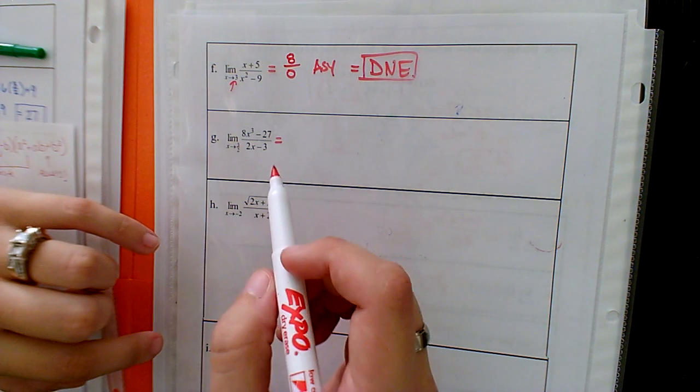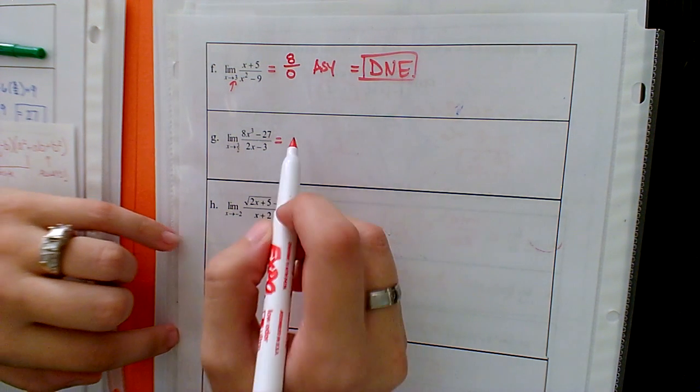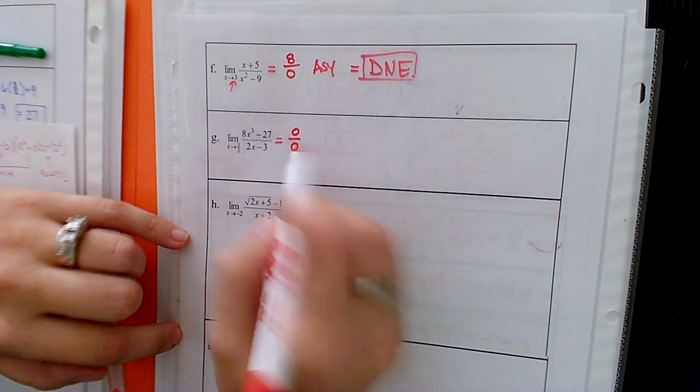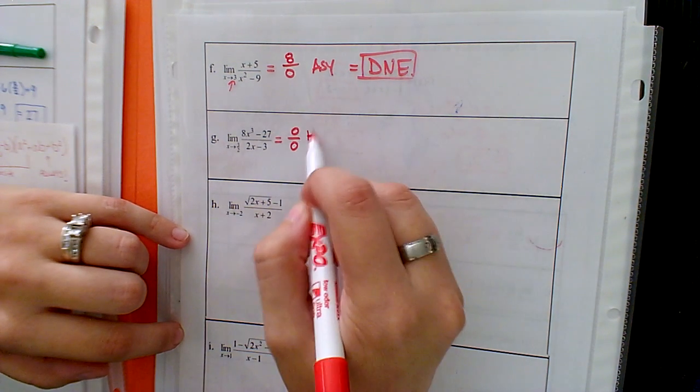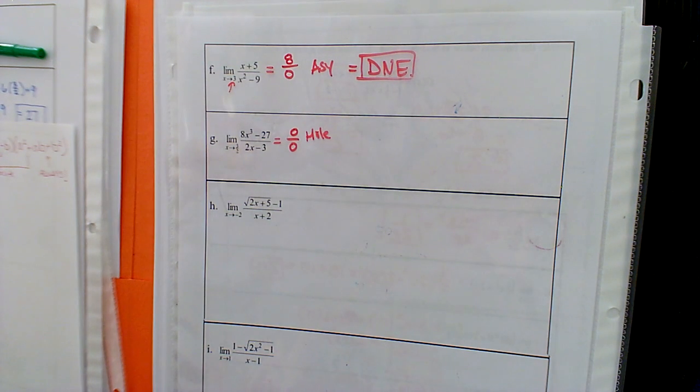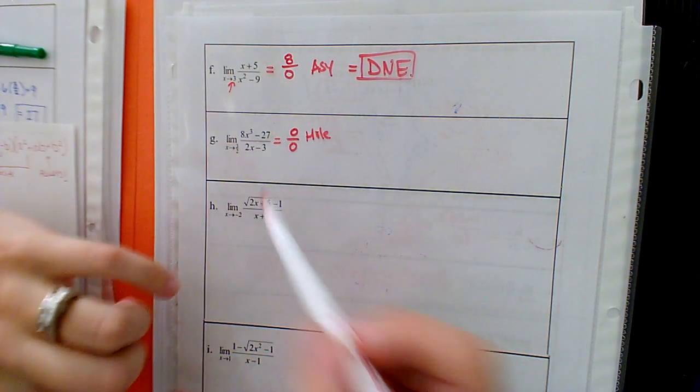Any takers when you plug it in? 0 over 0. What's happening graphically? We got a hole. Okay, so the limit does exist. We just have to do a little bit more figuring out.